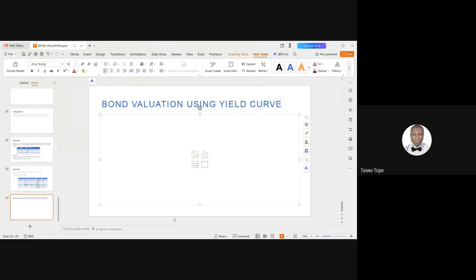So the concept is you can have different cash flows occurring at different dates. So each cash flow should be discounted using the interest rate corresponding to that date on the yield curve. Not far-fetched from what we've done. So the spot yield curve can be used to calculate the value of a bond.